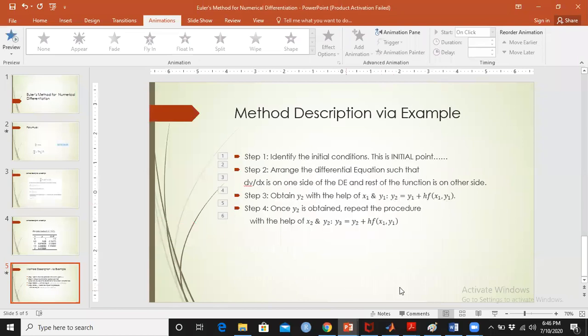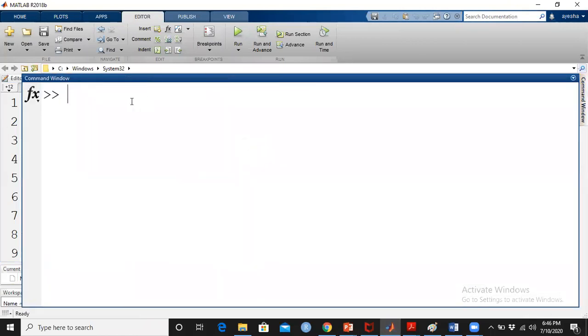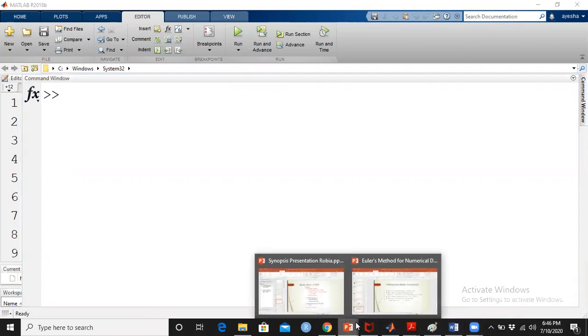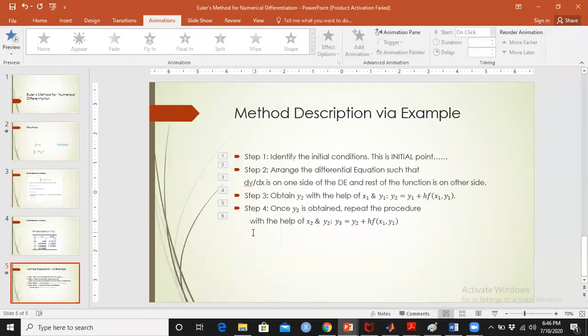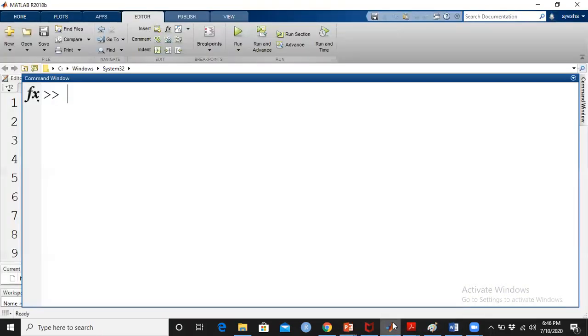Now let us solve this example using the formula. I have the Euler's method formula as well, but let us just concentrate at the moment on the given problem. So let us read the question. The function f of x, y is given as y times t cube minus 1.5. Let us type it here.